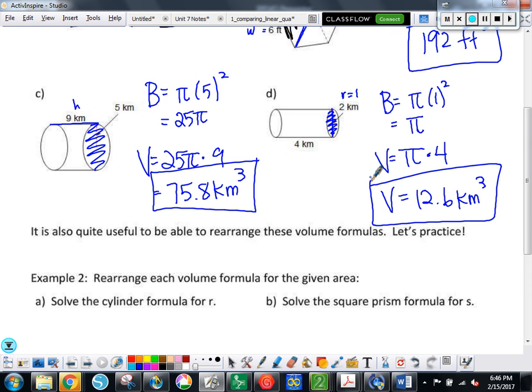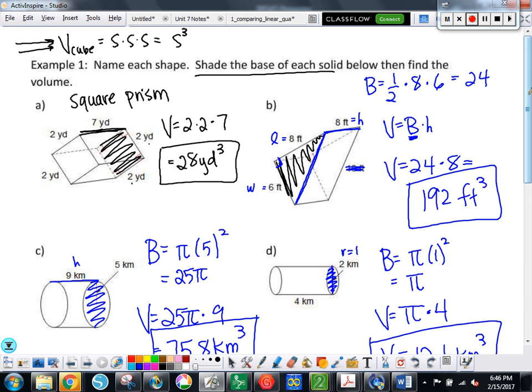So why don't you go ahead and pause the recording, take just a few minutes to try some of these examples on your homework, pass out the homework. The first 12 questions have to do with this. So I want you to shade the base, name the figure, which I think I stopped doing. Let's go back up here. This guy is called a triangular prism, because the base is a triangle.